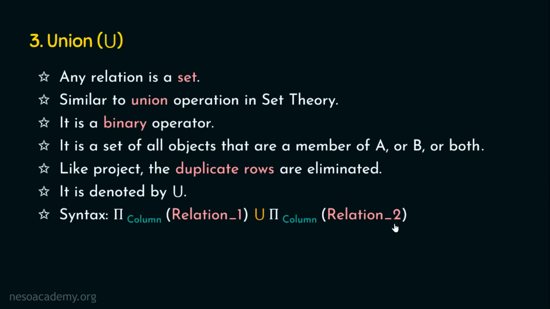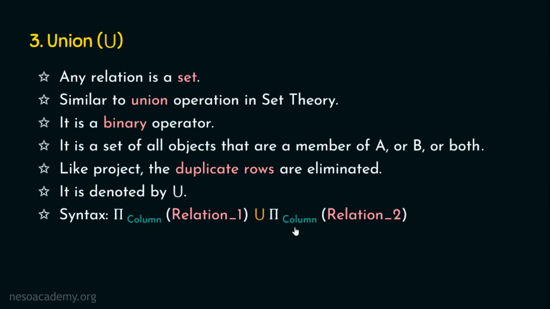So we project a column from relation 1, union, and project another column from relation 2, and the output of each projection will be a single column, and we perform one column union another column. Remember, the output of each projection is a relation only. So we are going to perform union between relations, but not directly. When we see an example, we will be able to understand things clearly.